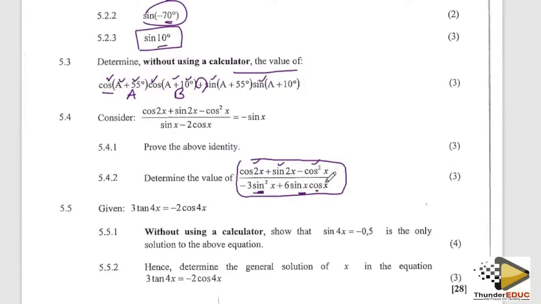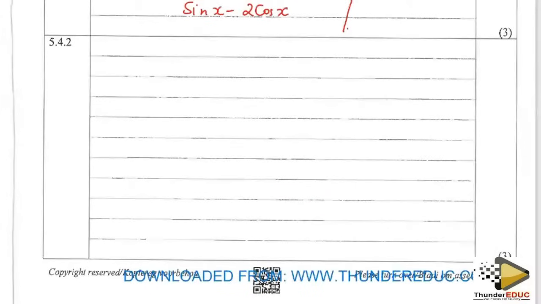Okay, let me see if I can break this down into my original equation. Okay, so I have the same top things, which is cos 2x plus sine 2x minus cos squared x.